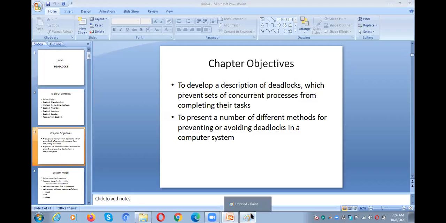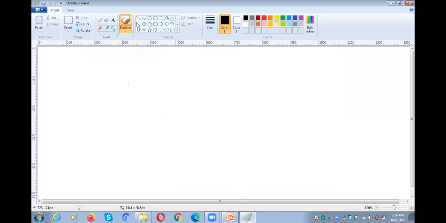That means P1 and P2 are two processes willing to complete their task. For that, P1 requires some resources as well as P2. Here, P is the process, R is the resource.